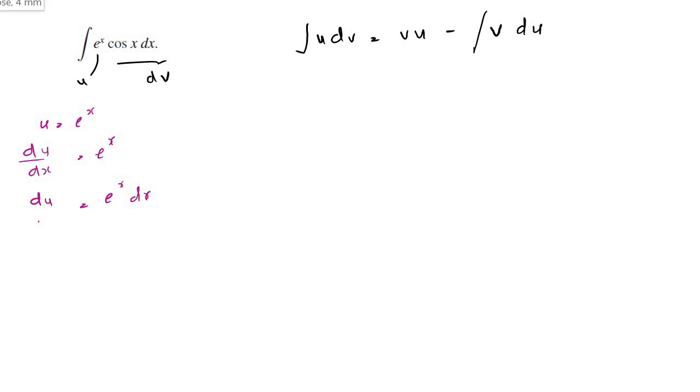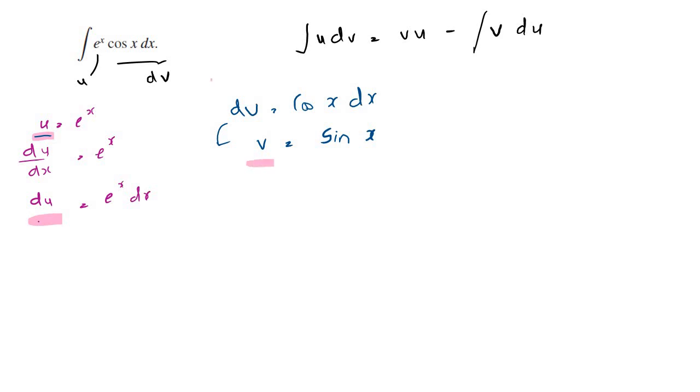Then I will write dv as cos x dx, and we know that when we integrate this we get v equals sine x. Now we have u, we have du and v.